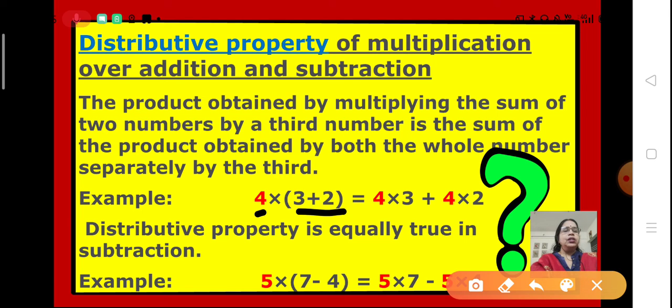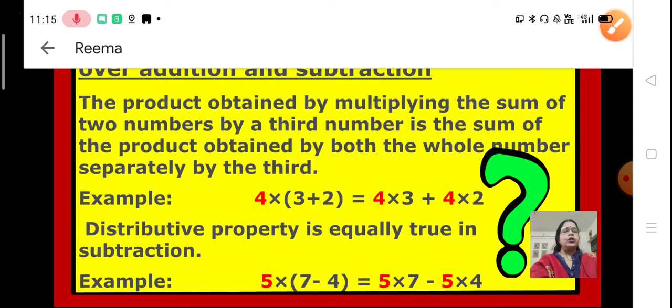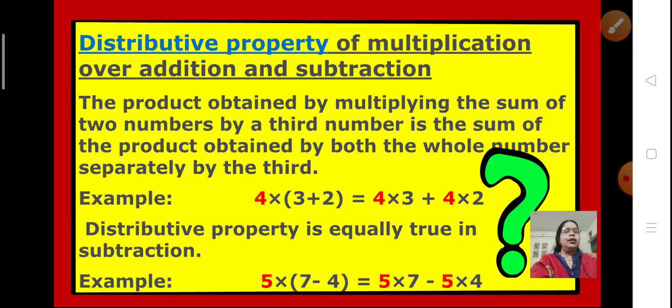That means 4 into 3 plus 2 is equal to 4 into 3 plus 4 into 2. If we do it separately, or if we add 3 and 2 and then the sum is multiplied by 4, the result remains the same. In case of subtraction also, this distributive property is the same.